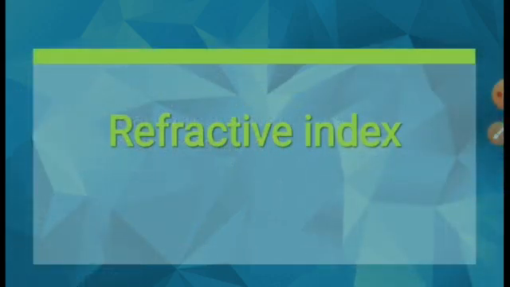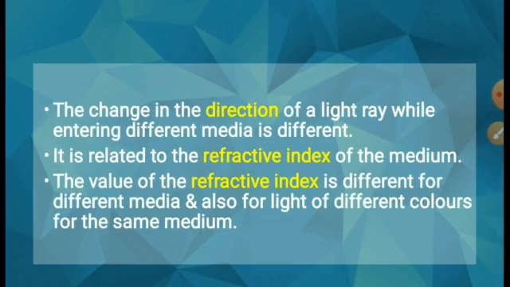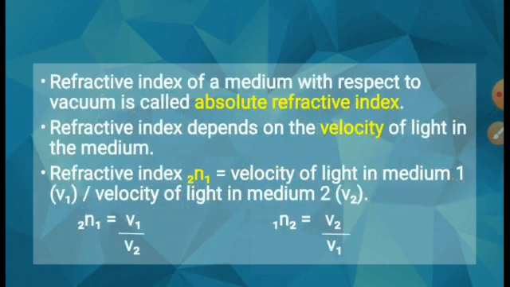Now let us see the next topic, refractive index. The change in the direction of a light ray while entering different media is different. It is related to the refractive index of the medium. The value of the refractive index is different for different media and also for light of different colors in the same medium.